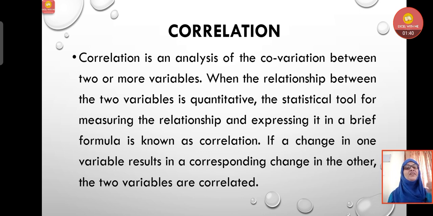Let me tell you one example here of how we do this correlation analysis. Suppose I am taking the students of maybe 8th class. If there is any impact of English subject on any other subject, mathematics, maybe social studies, then I will take both subjects' marks, then I will do the statistical treatment, then I will understand whether there is any relationship, any impact of studying English on the other subject.